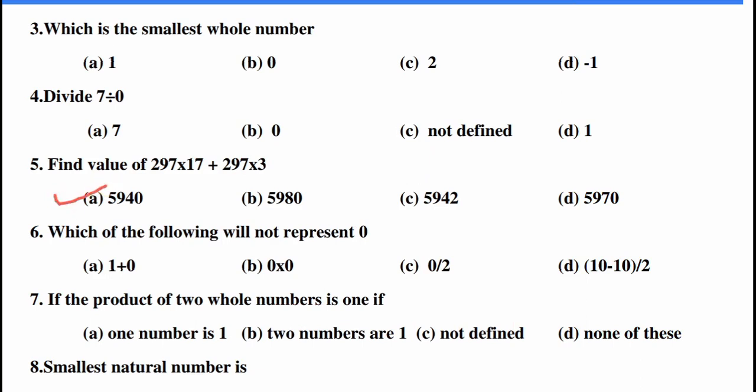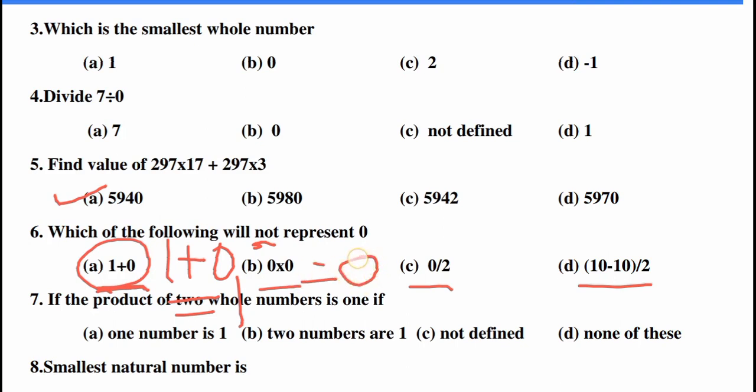Question number 6. Which of the following will not represent 0? So first we solve all these options and check which will not represent 0. Here not is given, right? So first of all we solve this one, it is 1 plus 0, and it is 1. So the answer of this equation is 1. Then 0 multiplied by 0 is equal to 0. 0 divided by 2 is also 0.